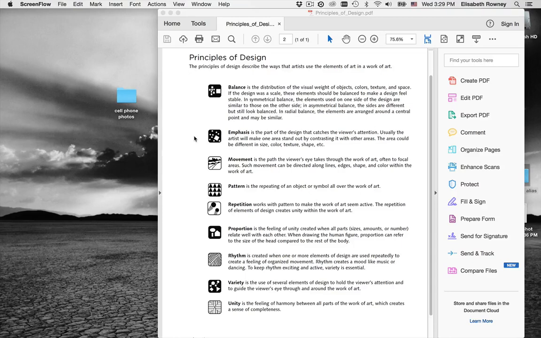So, a pattern is, let's say you have black, white, black, white, black, white, or a bunch of circles, things like that. Repetition, as the definition says, works with pattern, but it can also stand alone. So you can have a repetition of the shape of a circle.